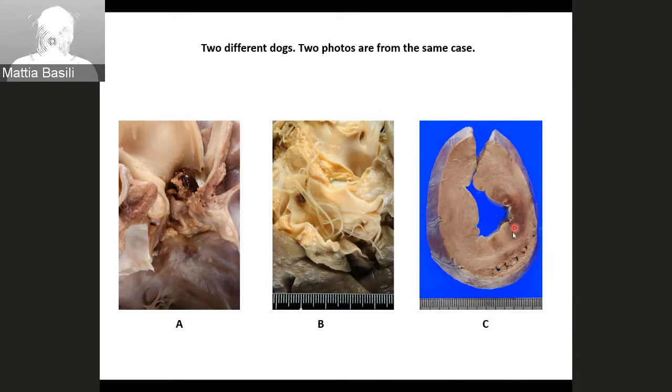It doesn't come from the outer towards the inner side, so it would be, to me, less likely. So infectious would be more likely, and if I have to find a connection between the focus of myocarditis with the presence of endocarditis of the aortic valve, I could think of sepsis or a severe process that affects the heart.